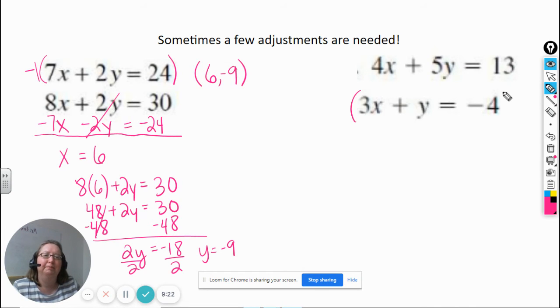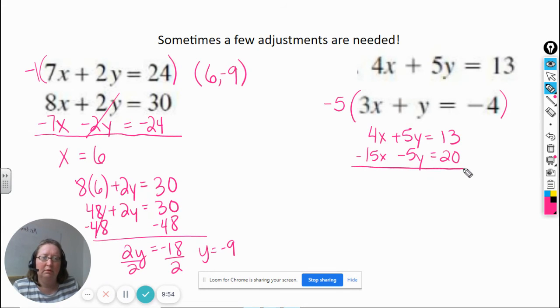Over here though, you could multiply by -5, and then that's going to put a -5 right out in front of this, and then those will cancel. So now I'm going to rewrite the top. And now I'm going to multiply by -5 and write it right below. So now I have -15x, and I have -5y is equal to a +20.